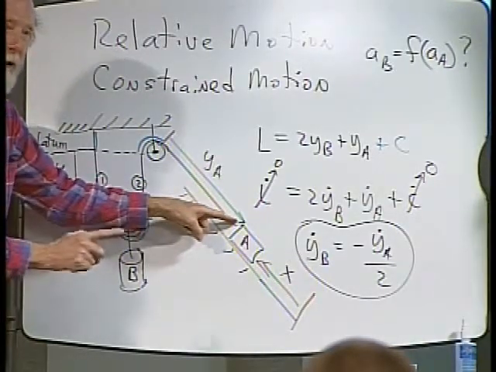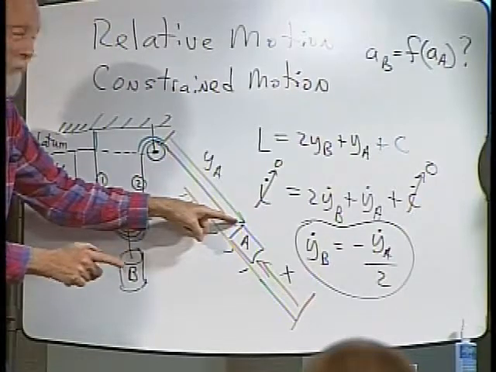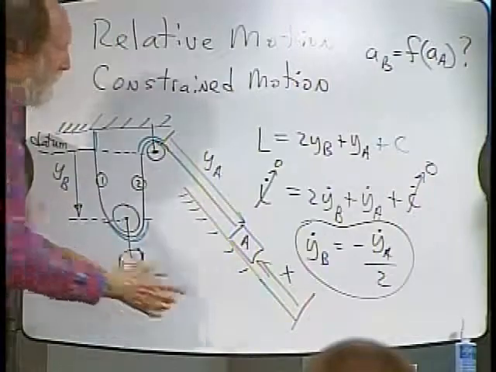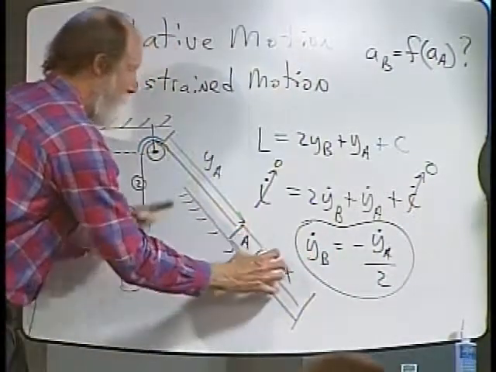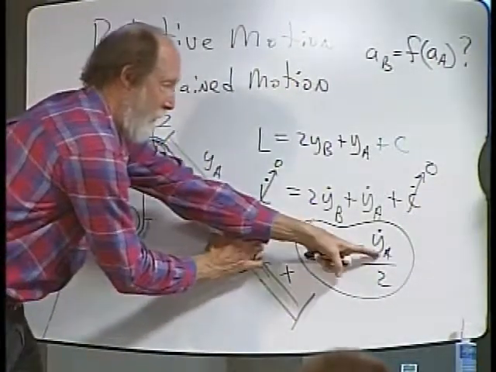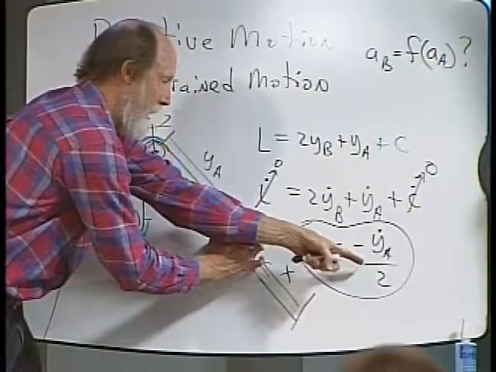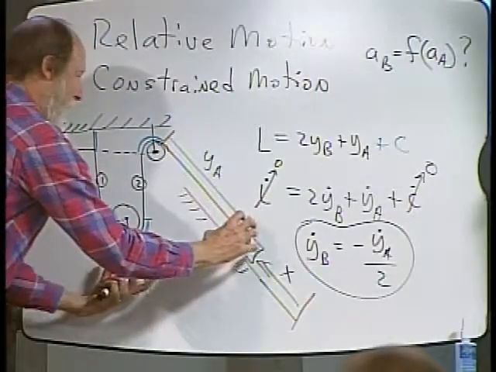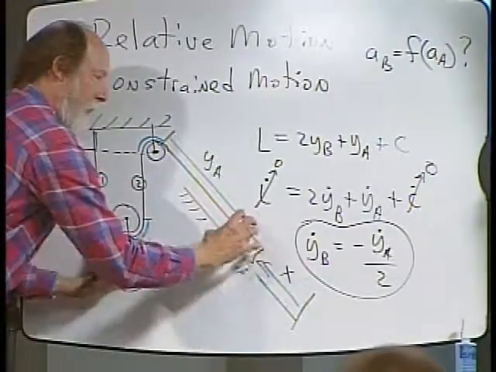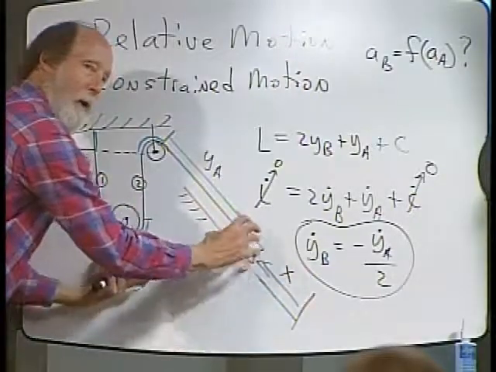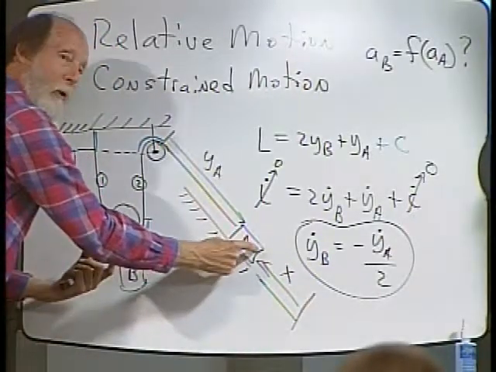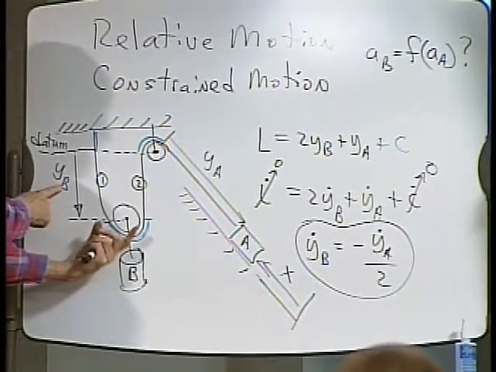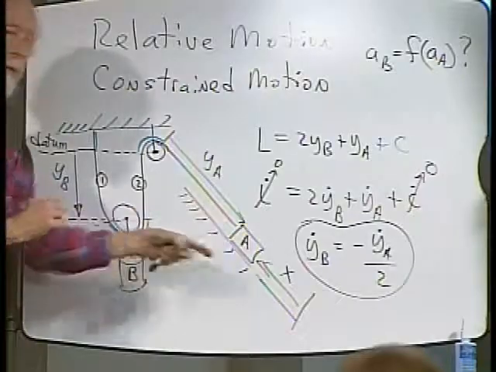If you get positive answers, that means you're in the correct direction. If you get a negative, it means it's really doing the opposite. So if I pull this body downward, extending this and causing that term to be positive, then this result is negative and half as much, which means this body is rising at half the speed that this body's going down. Make sense? This body's moving down at a certain speed, this is moving upward, contracting this distance as that body extends.